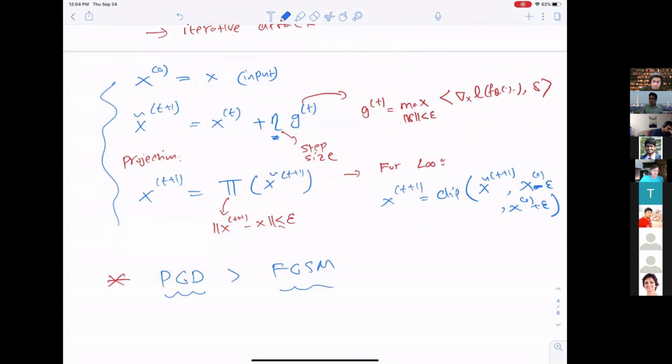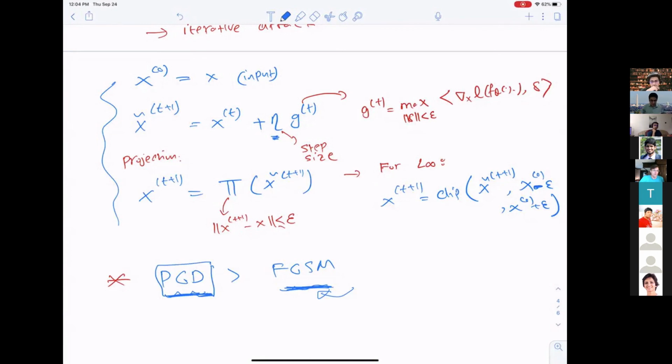But some recent papers show that by properly adjusting the learning rates and tuning hyperparameters, you can also have a really good FGSM attack, a one-step attack, against your model. But usually PGD is one of the standard attack methods that we use in practice. All right, so that's basically about attack methods.